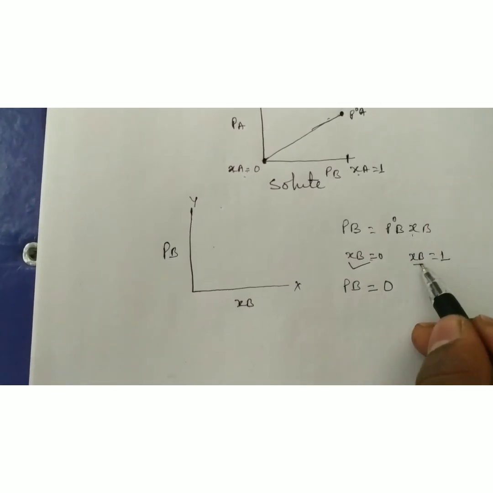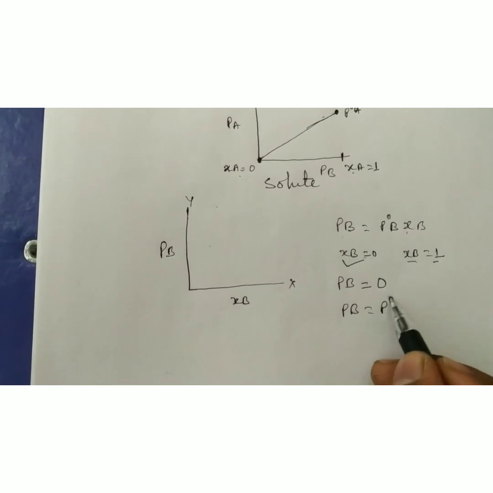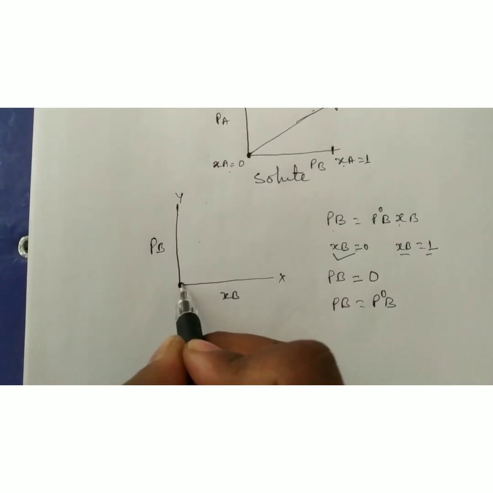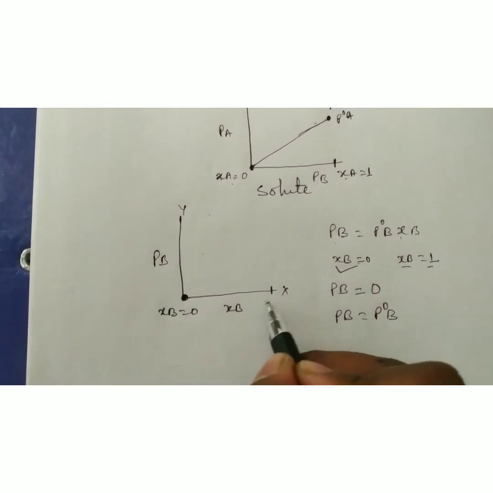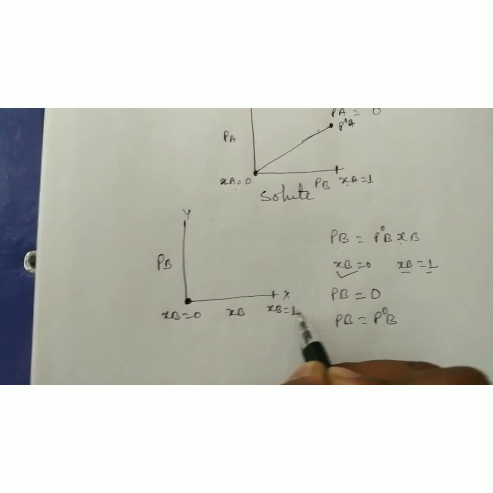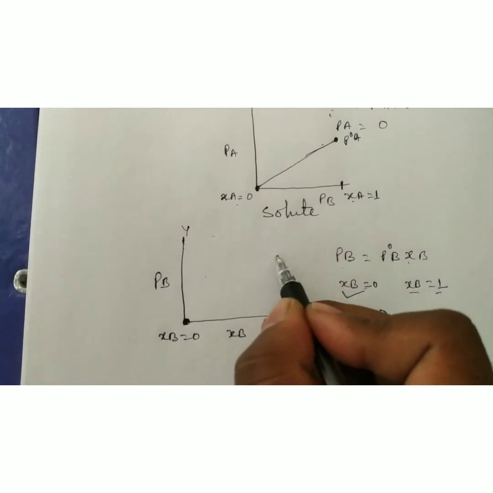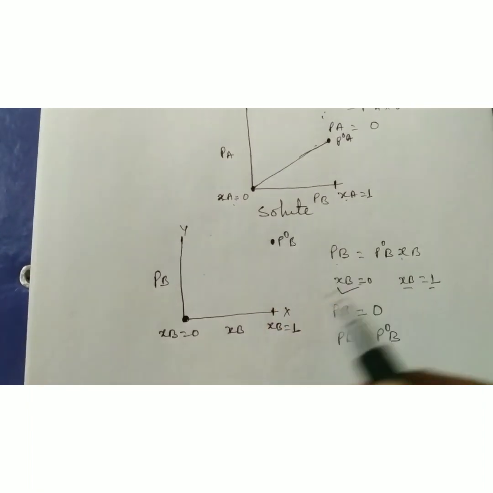And when XB is equal to 1, this equation becomes PB is equal to P naught B. Clear? This is the origin when XB equals 0, and this point is when XB equals 1. So, when XB is equal to 1, this is the P naught B.